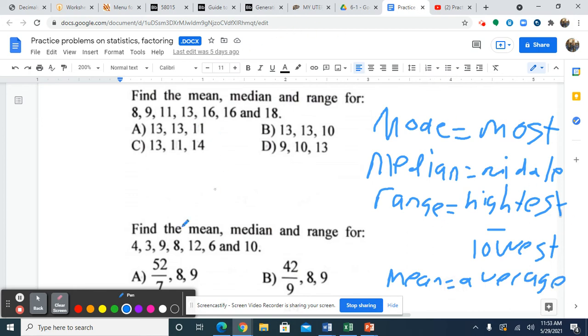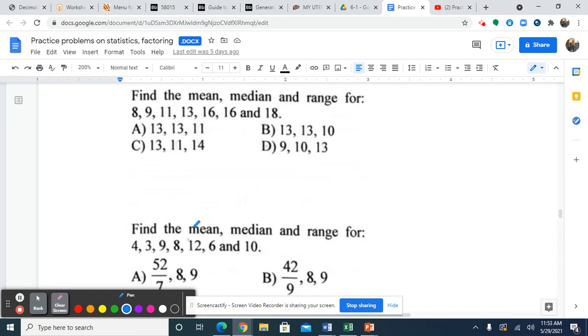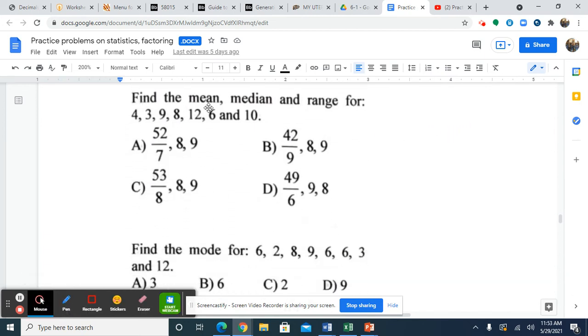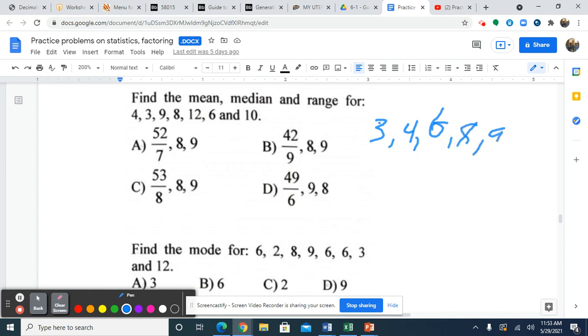Now for these, you always want to put them in order from least to greatest. So for example, looking at this question right here, we have 3, 4, 6, actually 8, 9, 10, and 12.